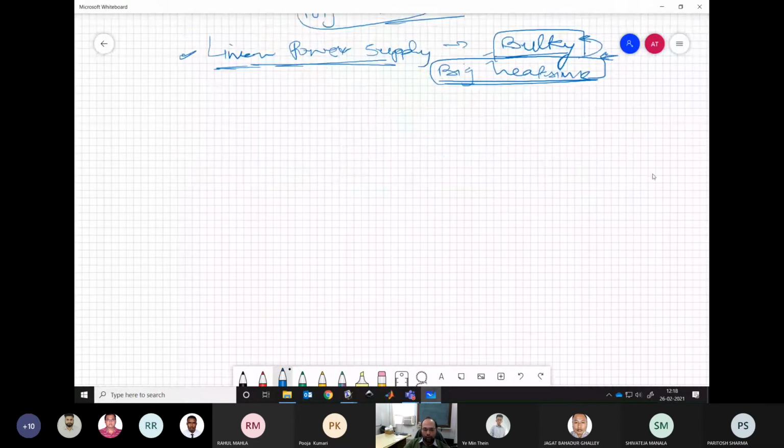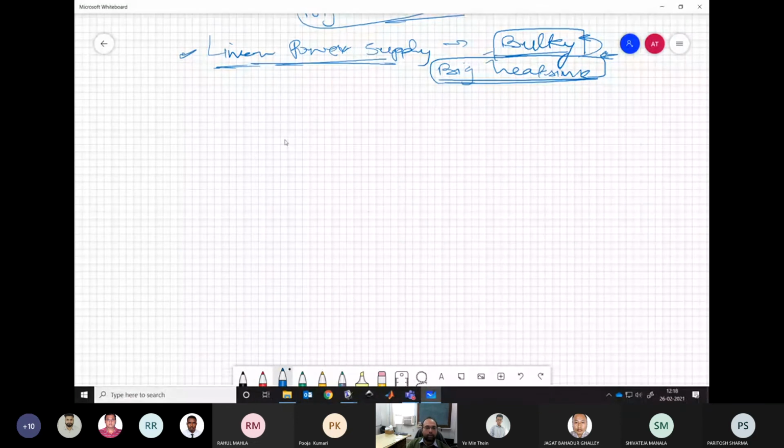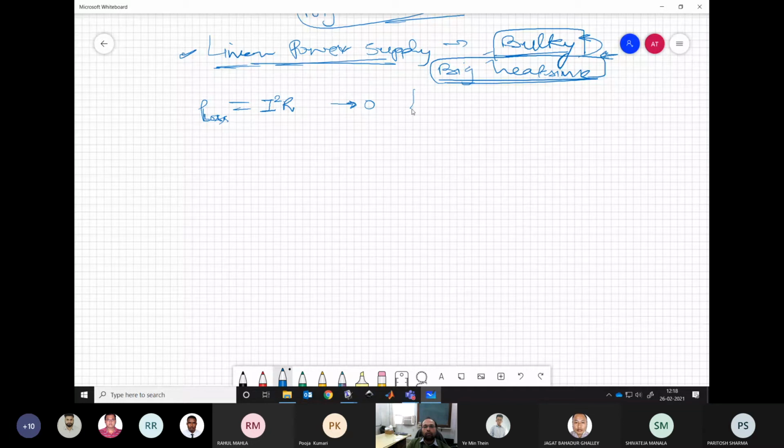Now one thing to notice: when we talk about the power loss, let us say our device is depicting a resistance, then the power loss is I squared R. This power loss will be very close to zero for two cases: when our R is very close to zero, and when our R is very huge, let us say infinity, at which time our current goes to zero.